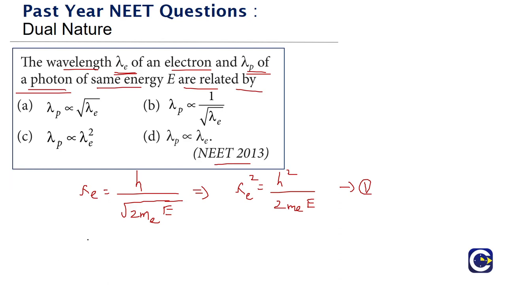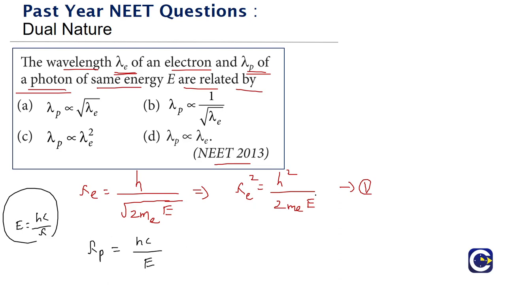So let us see how we can write the expression for the photon. When we say E is equal to hc by lambda, lambda of the photon will be equal to hc by E. That's it.